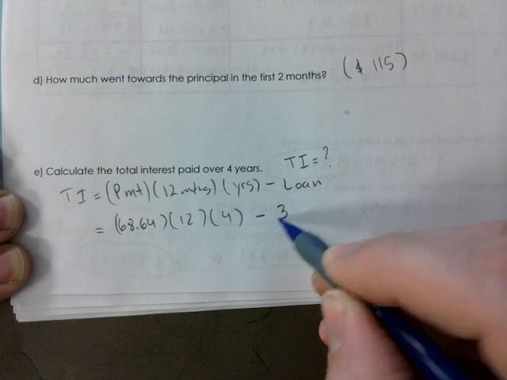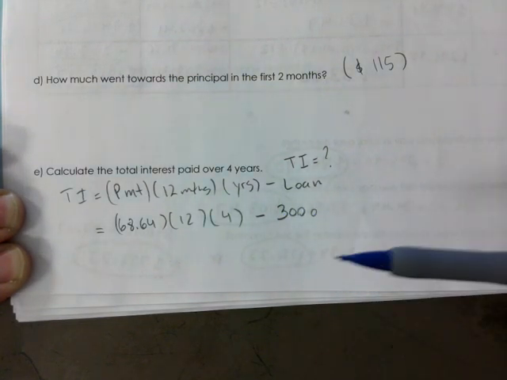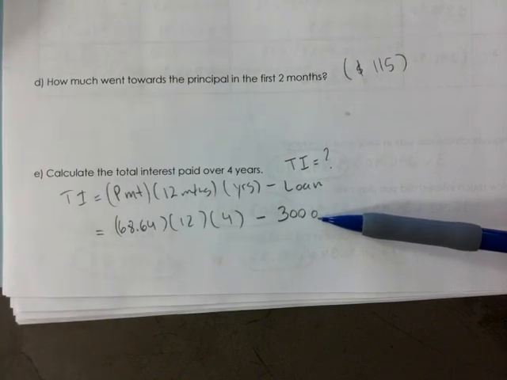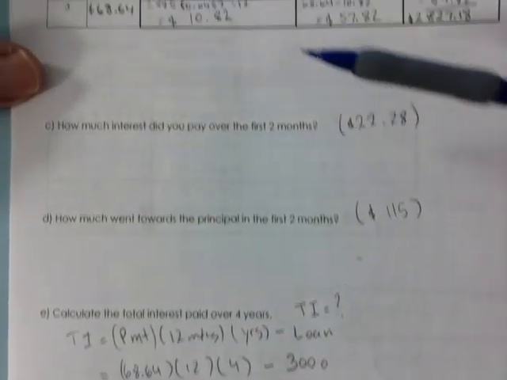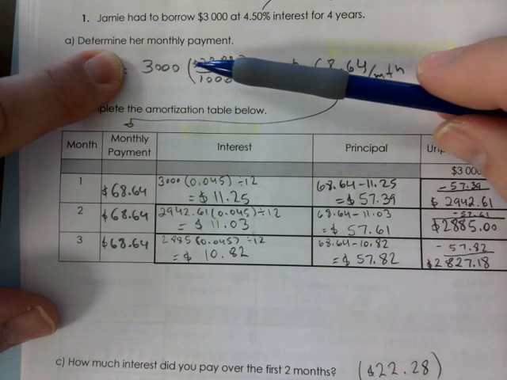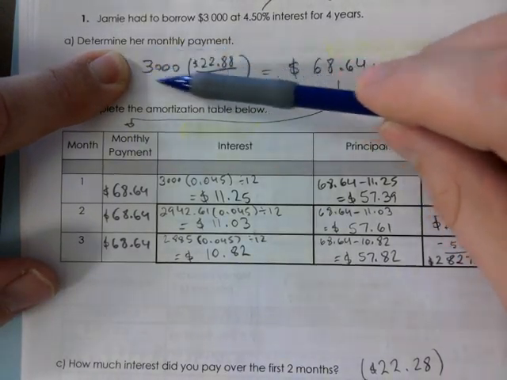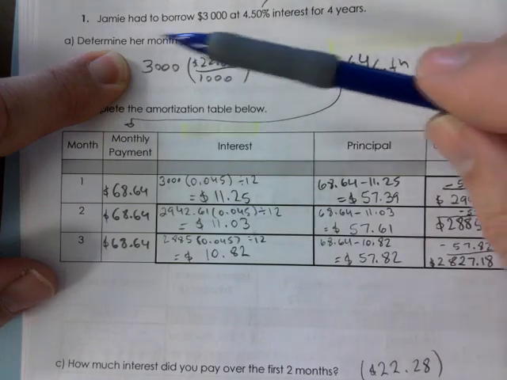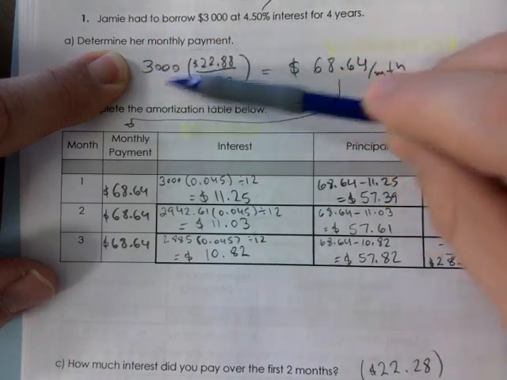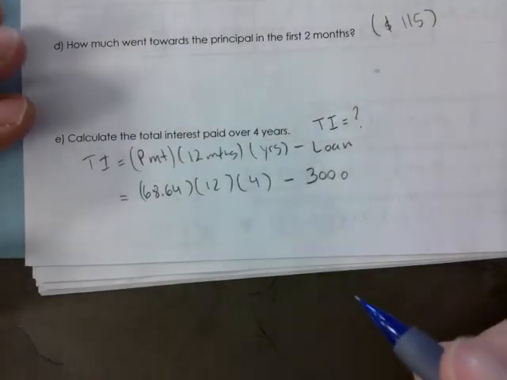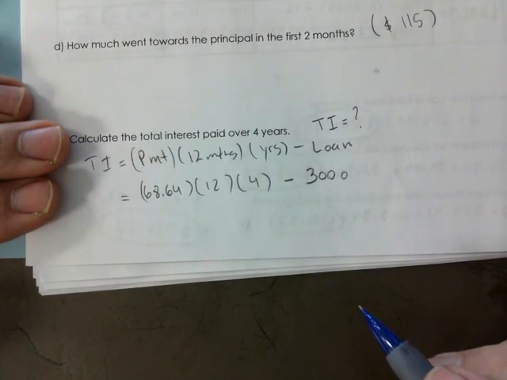My loan is $3,000. This is what I want to make sure you understand. This is the number that you use in front of your payment calculations right here. Whatever you get when you subtract the down payment, whatever you ultimately multiply by this bracket, this is your loan. Okay? So we subtract that, and I'll just give you what that amounts to.